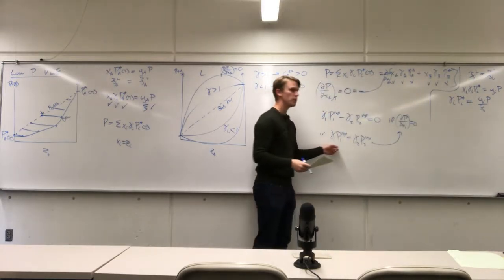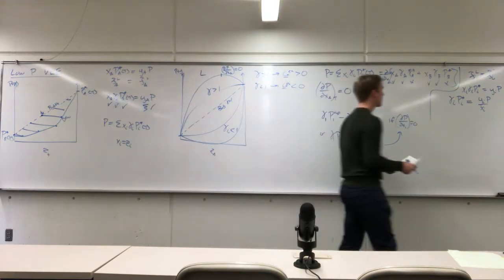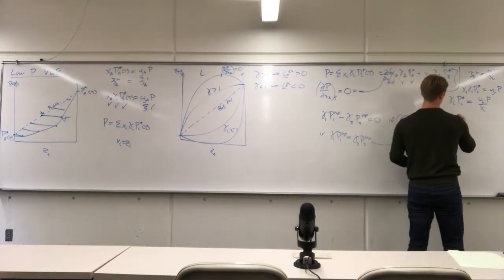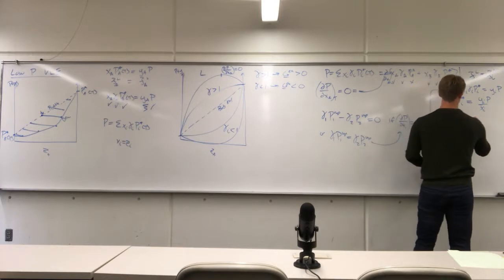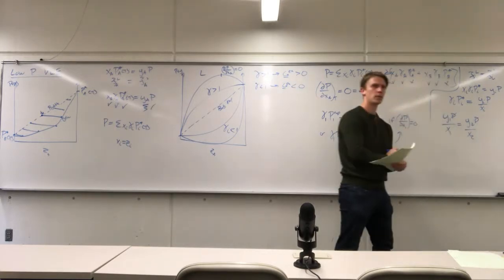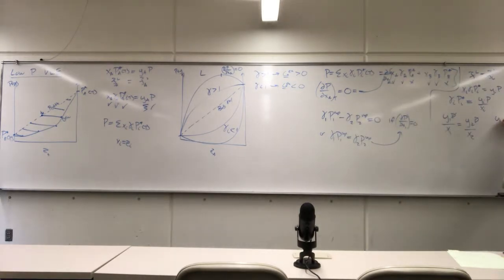Now, if we apply this for both species 1 and species 2 in a binary system, we will find that y1 P over x1. Pressures cancel out. We have the criteria that y1 plus y2 is equal to 1. Mole fractions in the liquid phase sum to 1. So if we consider all of these constraints, the only solution to this equation is that the mole fraction of the liquid is equal to the mole fraction of the vapor.